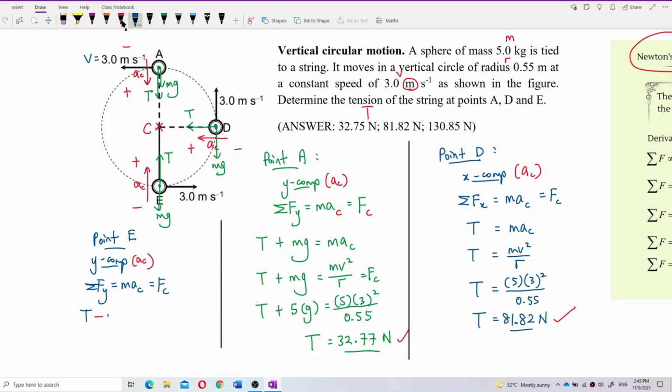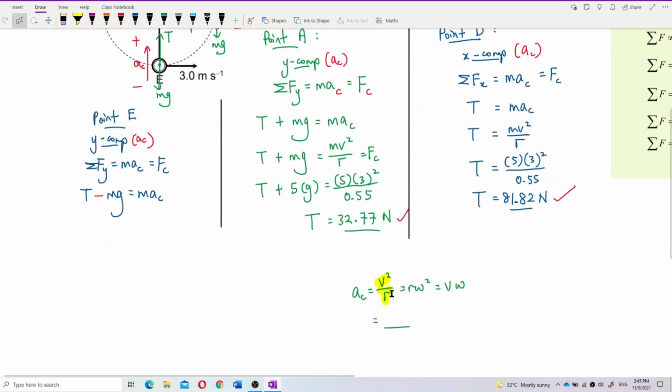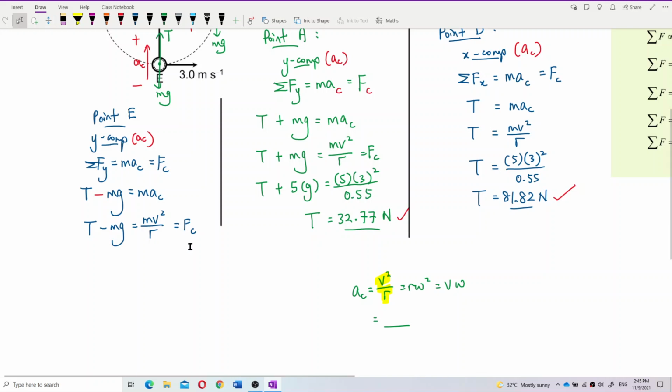Negative mg, and then this is m a_c. And then a_c we can substitute with v squared over r again. So the formula becomes m v squared over r, which is actually F_c. You can see there are two ways to find centripetal force.